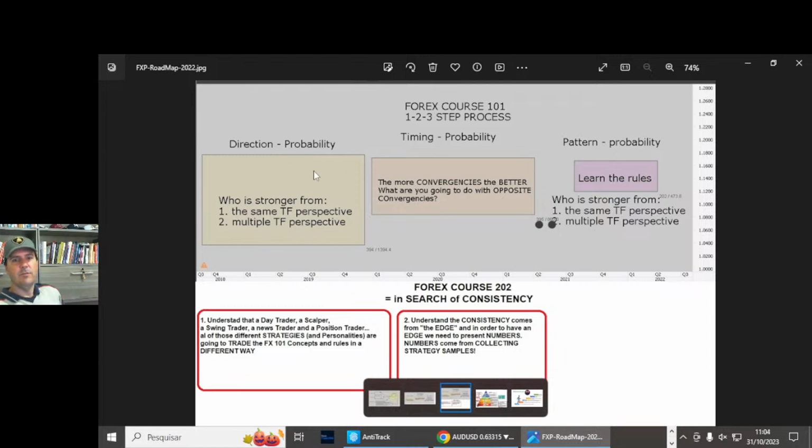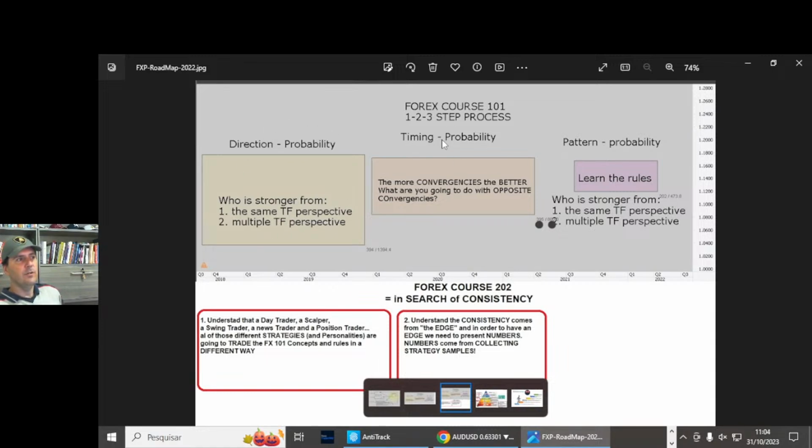Hopefully, if you learned well, you understand who is stronger from the same time frame perspective. What does this mean? When you have a market wave and a short-term trend on the 4-hour chart, 2-hour chart, who is stronger? And also who is stronger from the multiple time frame perspective. One year just to learn this.